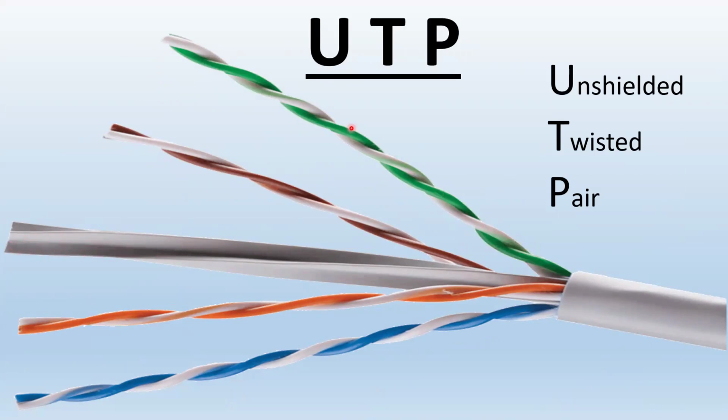And you see the pairs are twisted, and the pairs are twisted at different rate. The purpose of the twist is to eliminate the crosstalk, so the magnetic field cannot build consistently enough in order to affect the other pair.